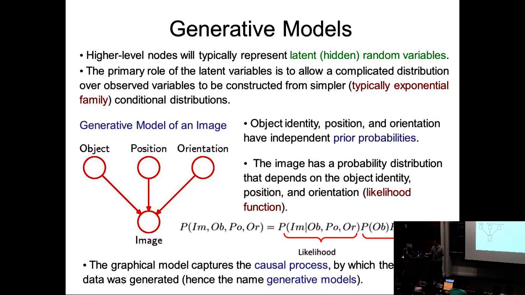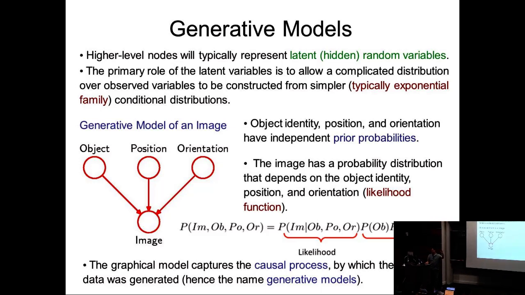So for example, you can think of a generative model of an image. You have object ID, you have position, you have orientation, right? And then you're combining all three of them to get the image. So you have object identity, position, and orientation, and they have independent priors. So a priori, you can say any object can appear anywhere at any orientation, right?